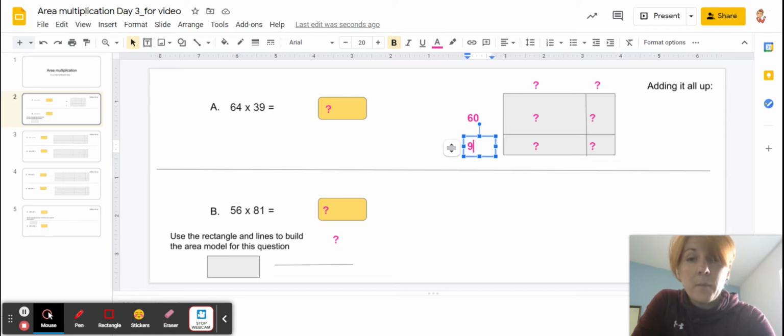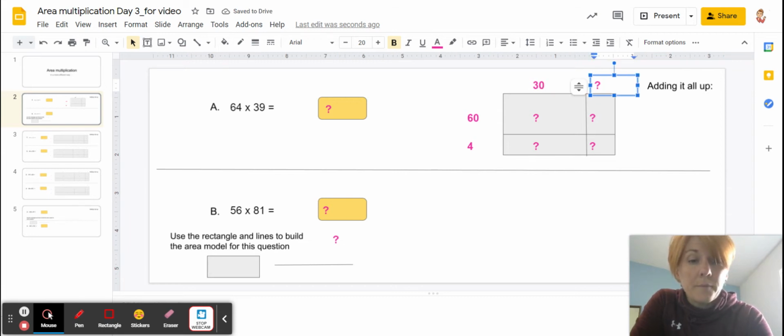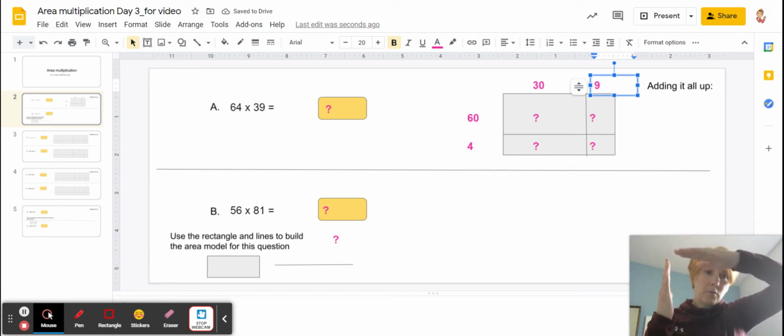It would have to be the 60 and the 4 on that side. And then up here, I would have to put the 30 and the 9. So now I have a big rectangle with side length 64 and the other side 39.